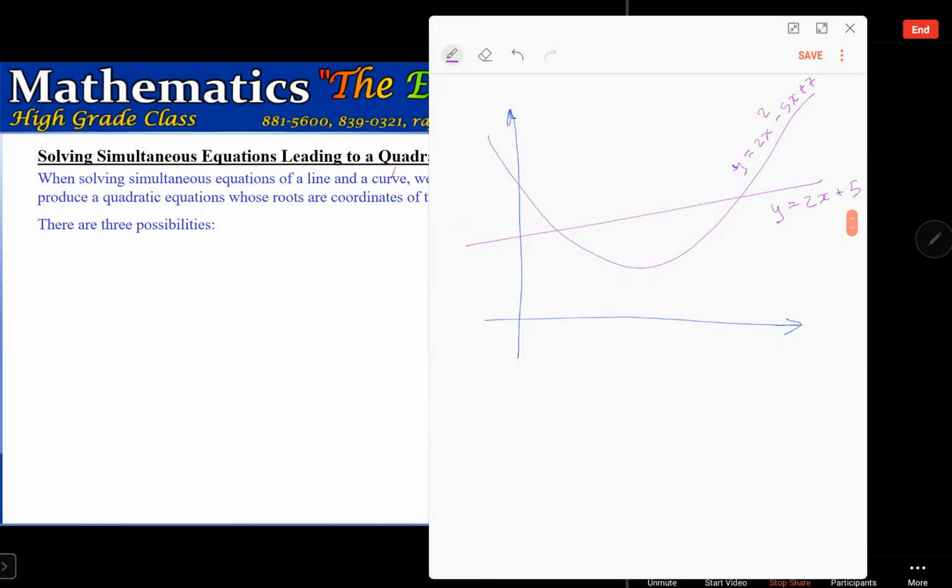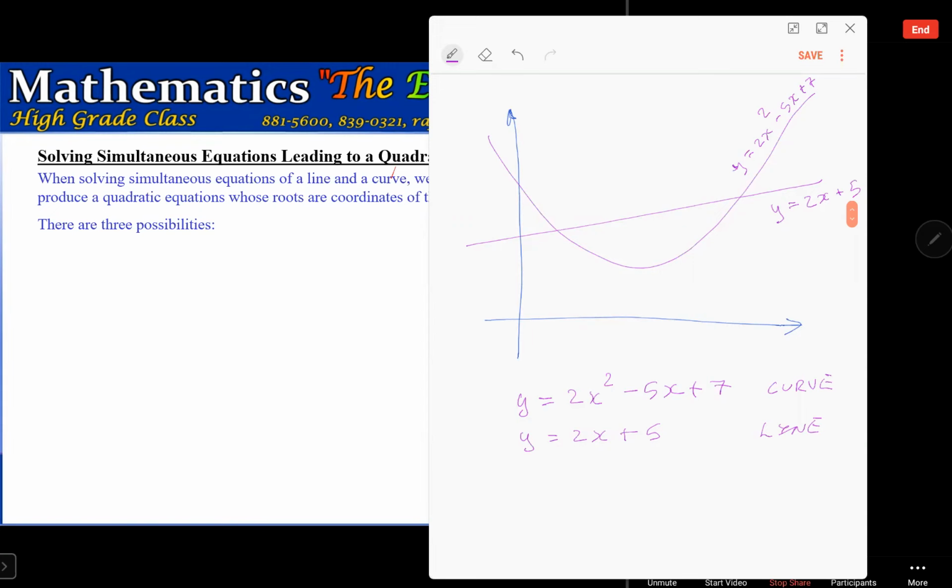And what is happening here is that the two equations would have been y equals 2x squared minus 5x plus 7. That's the equation of the curve. And the line is y equals 2x plus 5. That's the equation of a line. And that's what they're giving in CSEC. One is a line and one is a curve. And when you solve these two, they're talking about the types that are going to give you a quadratic function.